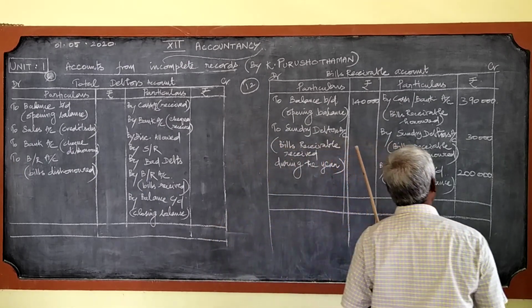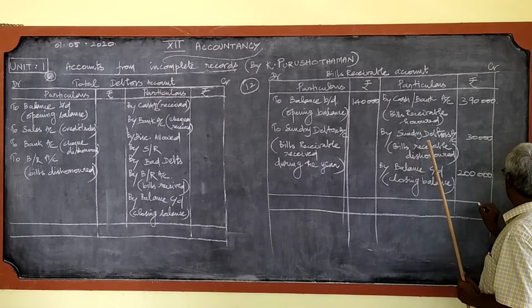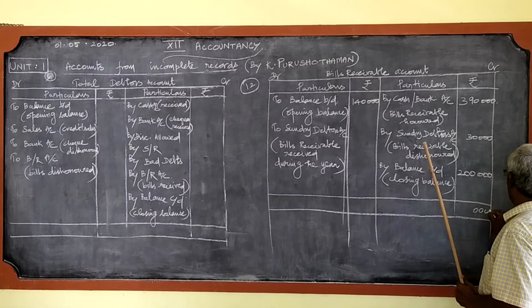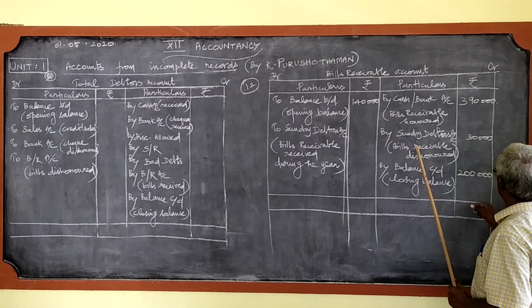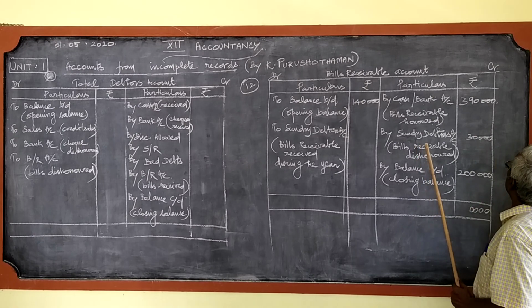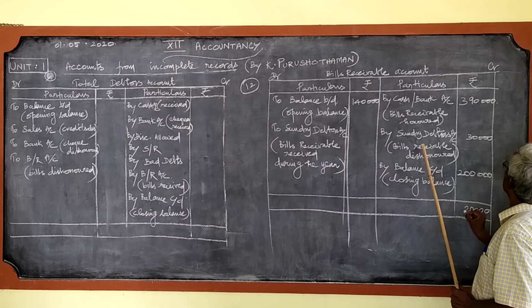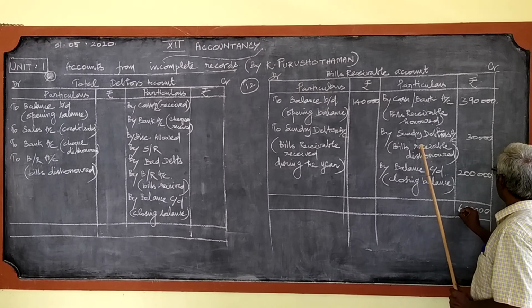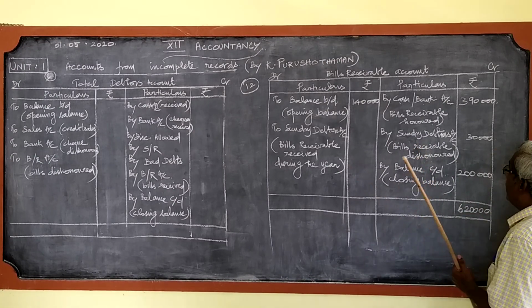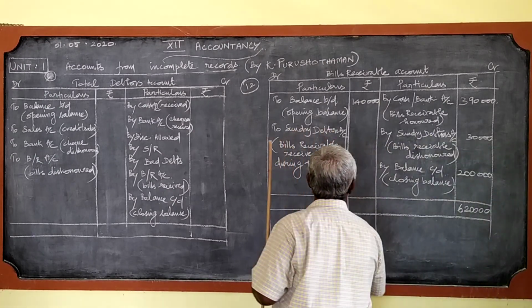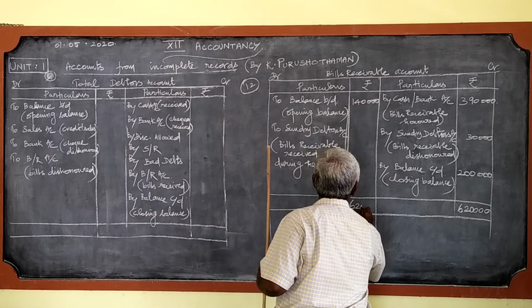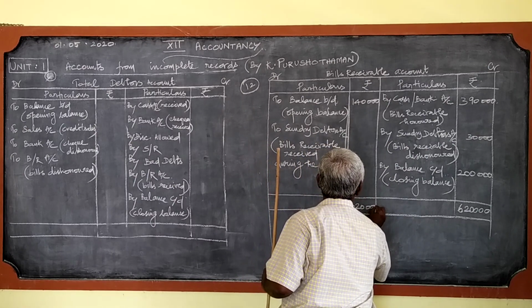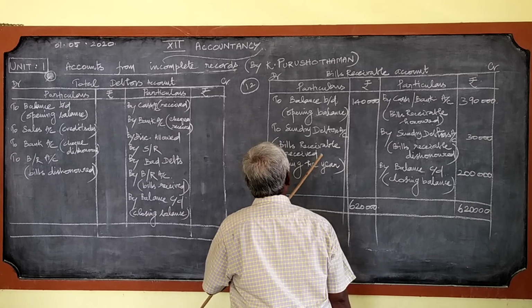Find the total of this: 6,20,000, and write this 6,20,000 here. So what is the balancing figure?